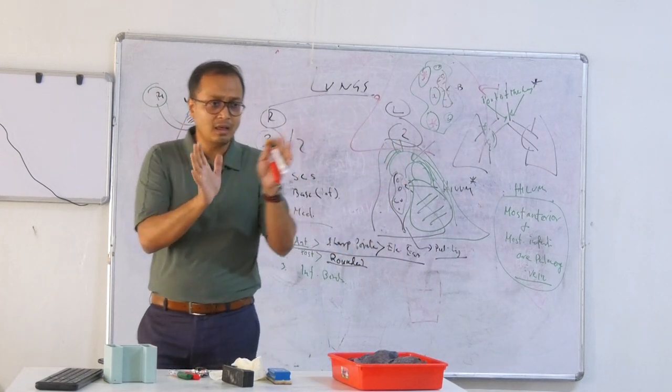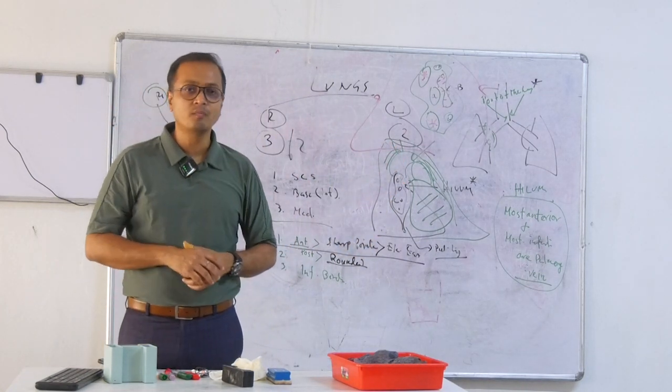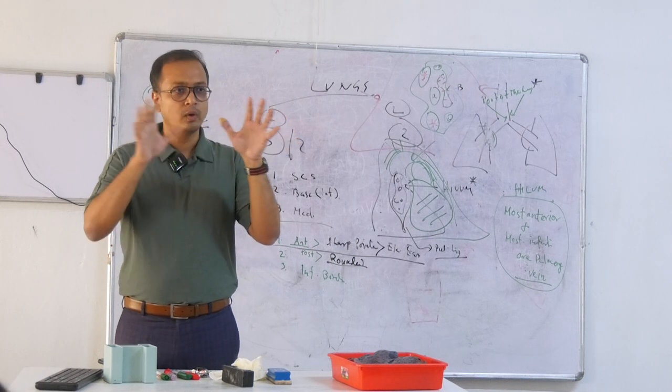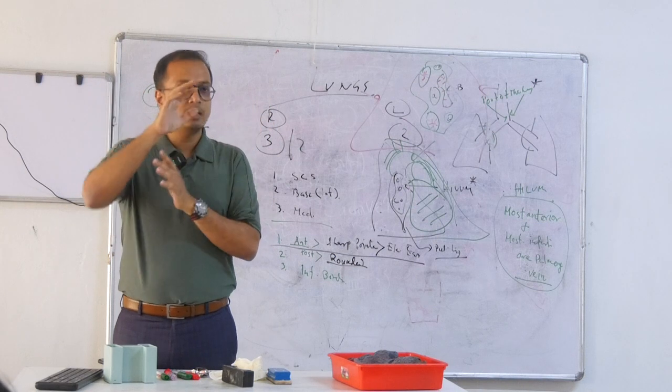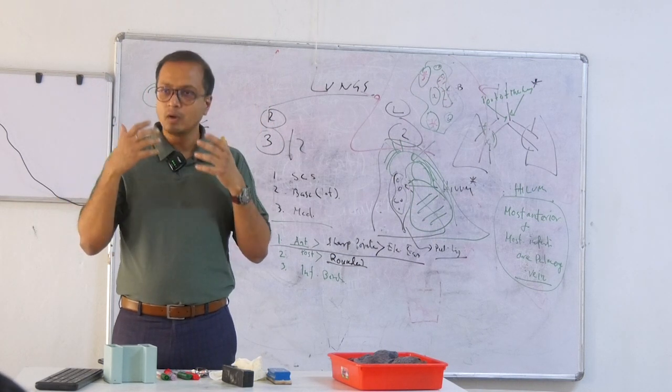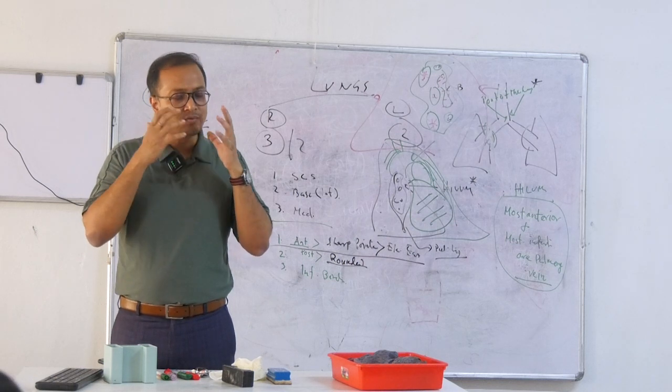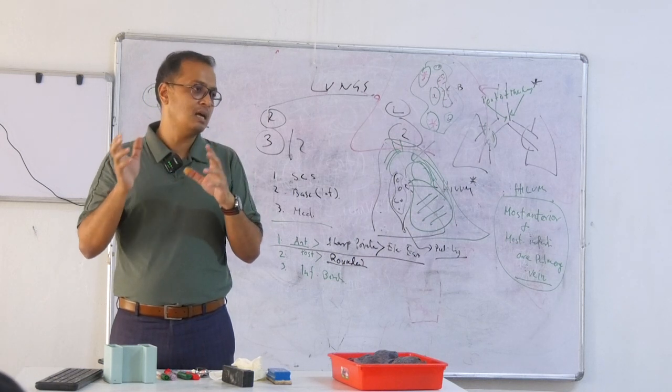I have shared a picture taken from Netter's, showing the medial side of the heart in two different contexts, right side and left side. Do not try to memorize all these things; just look at it and try to figure out what you are seeing on the right and left side.